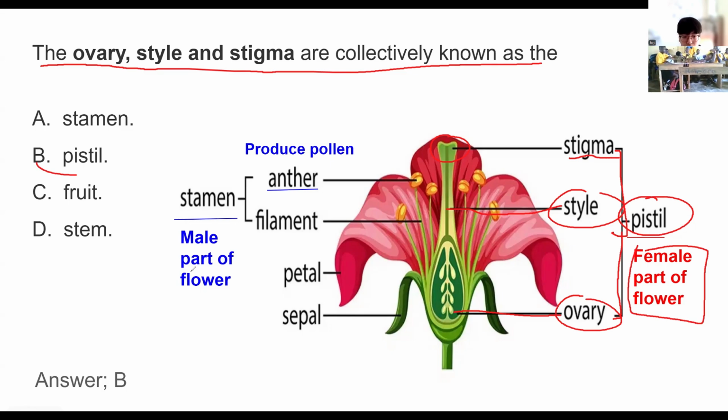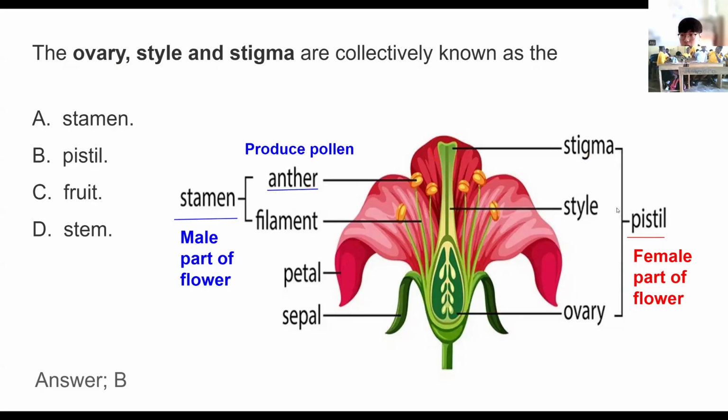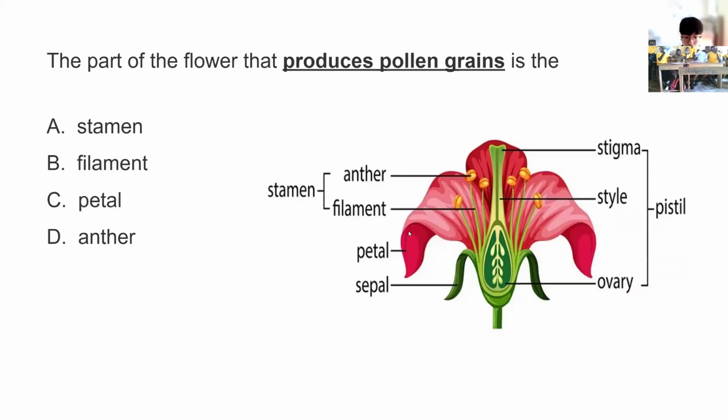And the opposite part, the male part of the flower, is actually called the stamen, and it is composed of anther and filament, and they play a role in producing the pollen. Yeah.